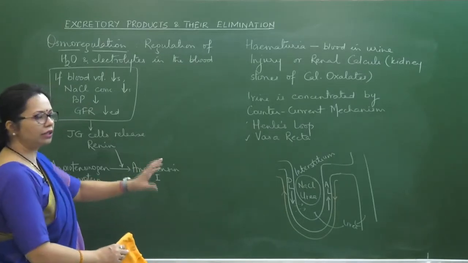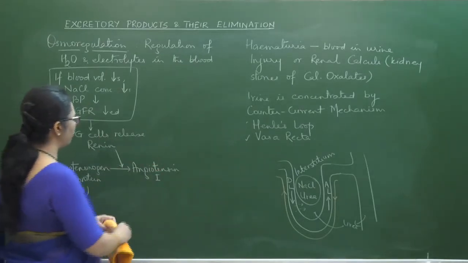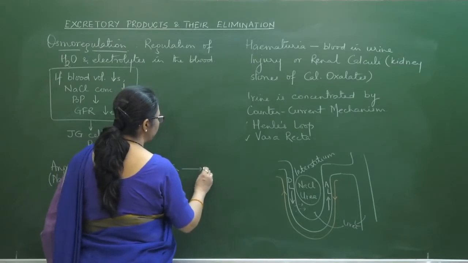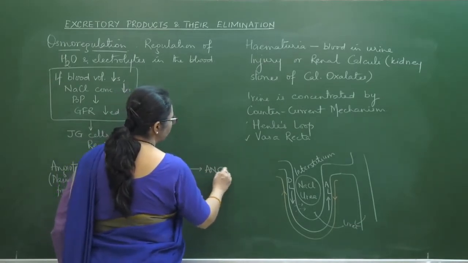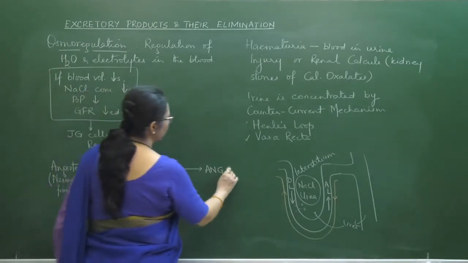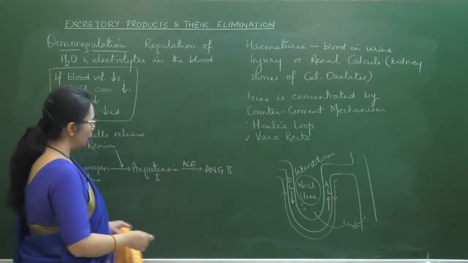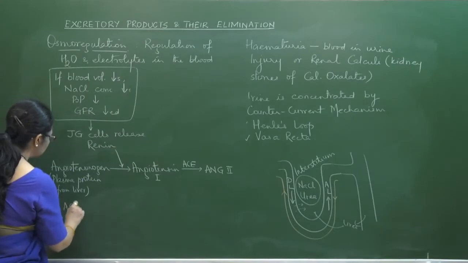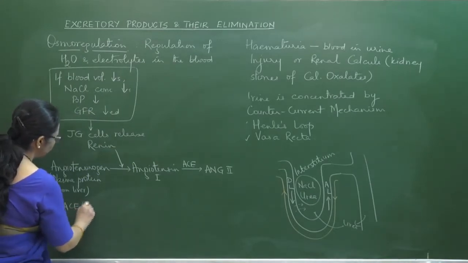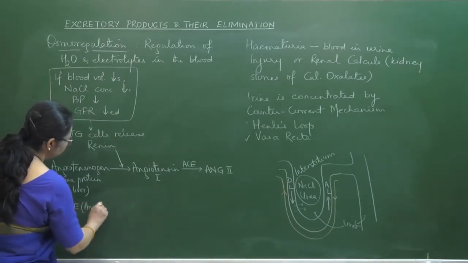Angiotensin 1 is intermediate, it is not the active form. The active form is angiotensin 2. In short, we write angiotensin as ANG, and angiotensin 2 is formed by an enzyme ACE. So let me put what is ACE. ACE is angiotensin converting enzyme.